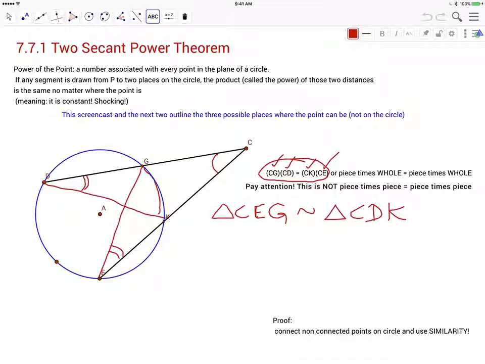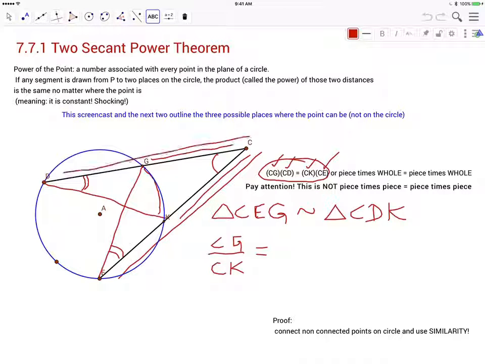And in this case, we have this piece, CG, is to CK, the same way that this long piece CE is to this long piece CD.